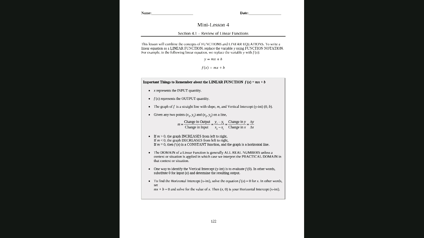Now, to calculate for the vertical intercept, remember x is always 0 for the vertical intercept. And I said I'm going to explain that in a little bit. So let's go to the whiteboard and let's talk about that.